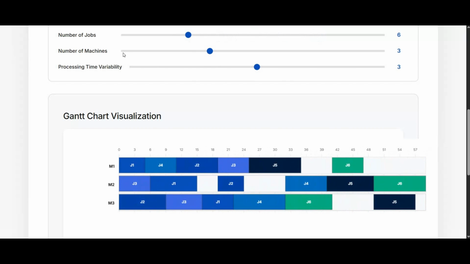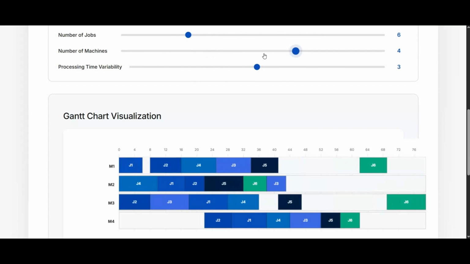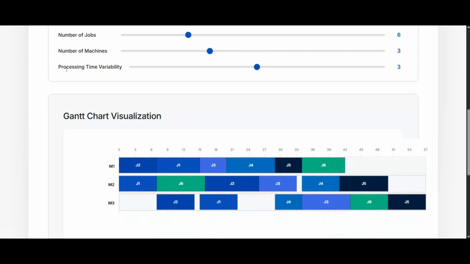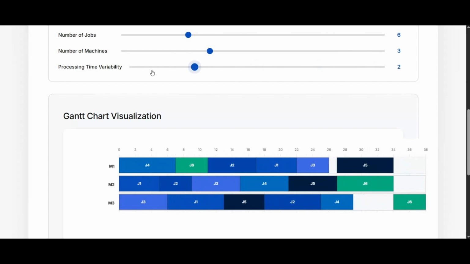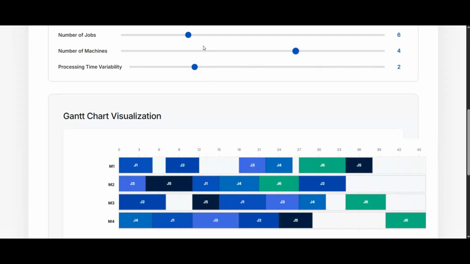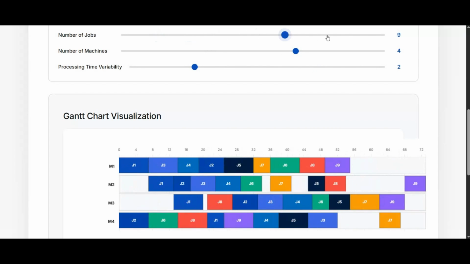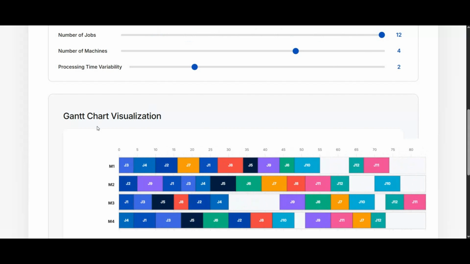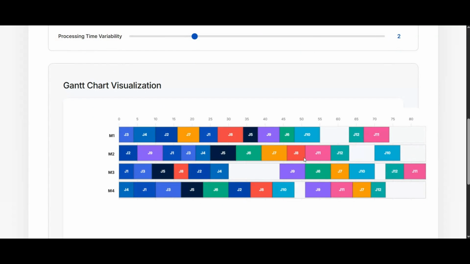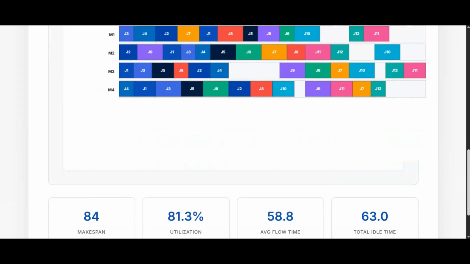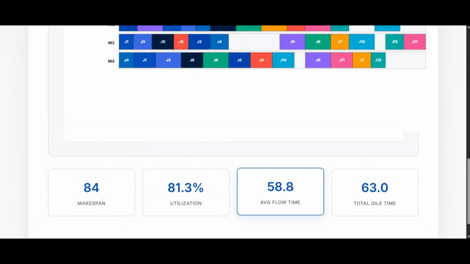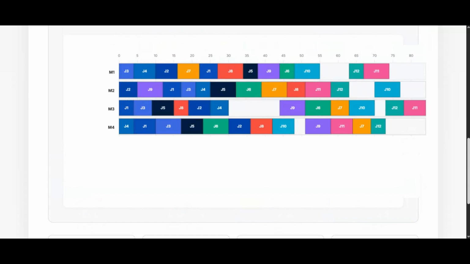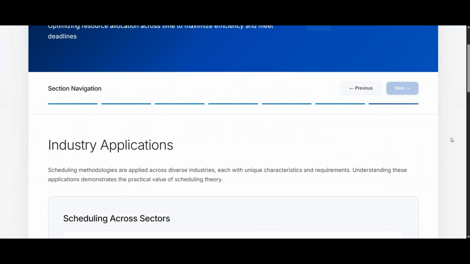And number of machines now 3, and watch me, 4 and 5. And processing time reliability, here you can see the change. Number of jobs, and everything is increased. Okay, and here some cards: makespan, utilization, average flow time, total idle time. That's just a toy.